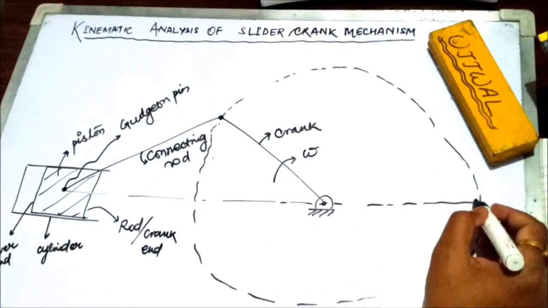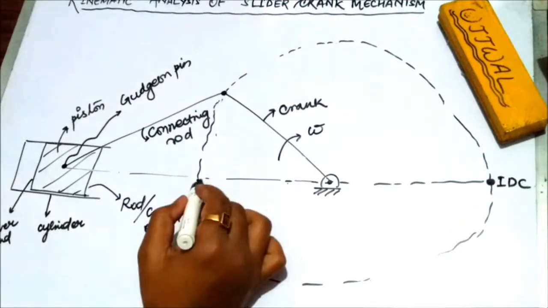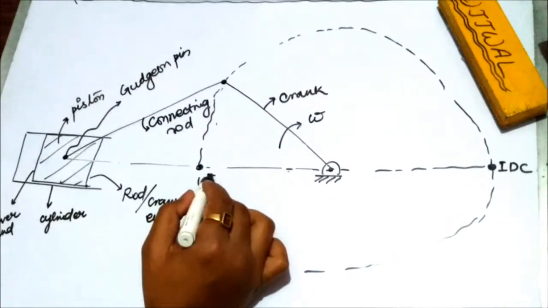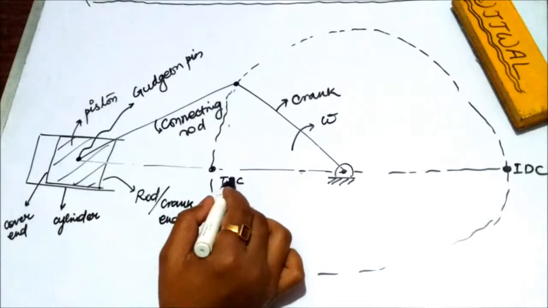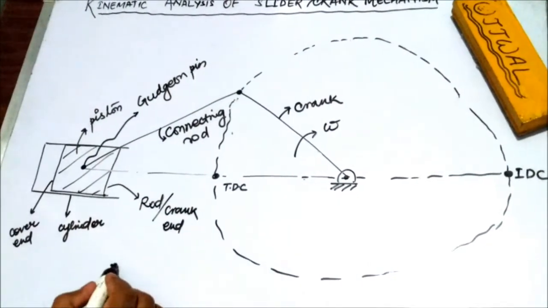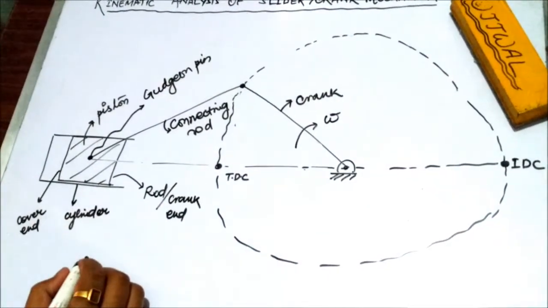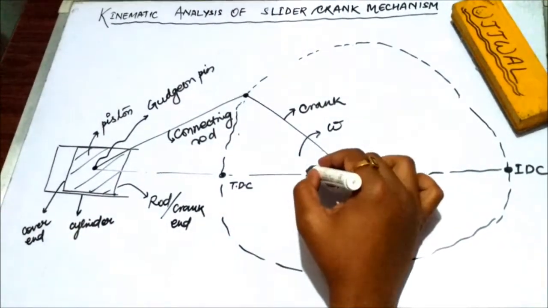It rotates in a circular path, and this is the inner dead center, and this is the top dead center. Inner dead center is also known as bottom dead center if we consider a vertical engine.